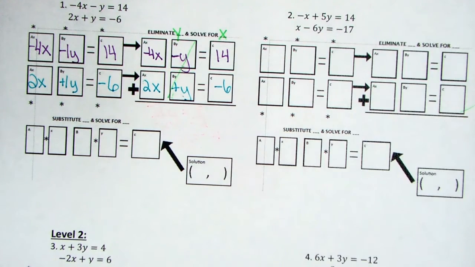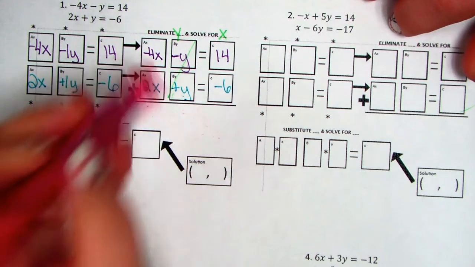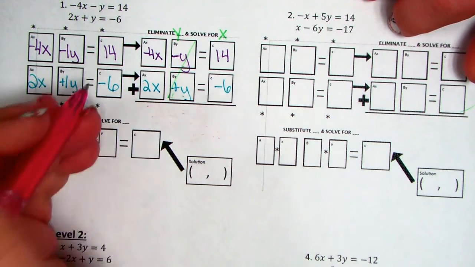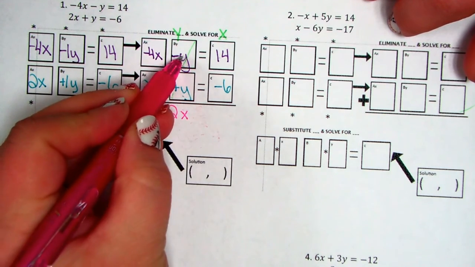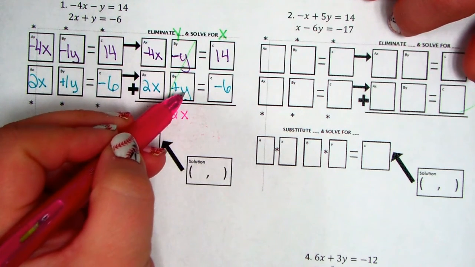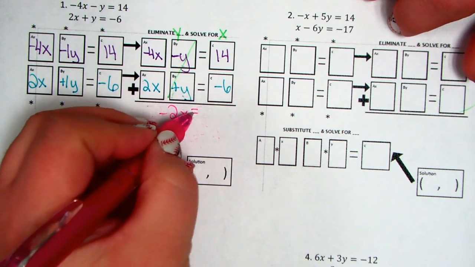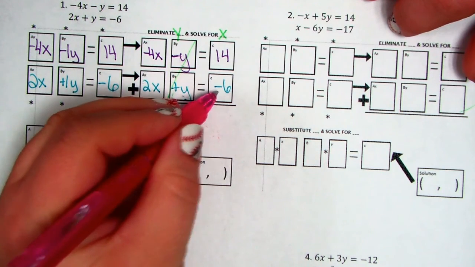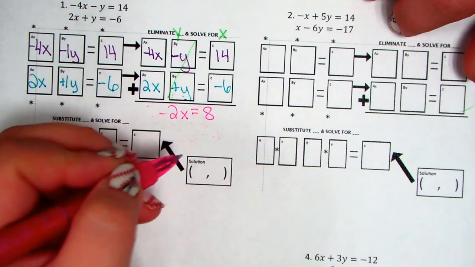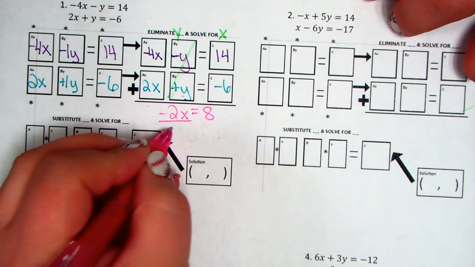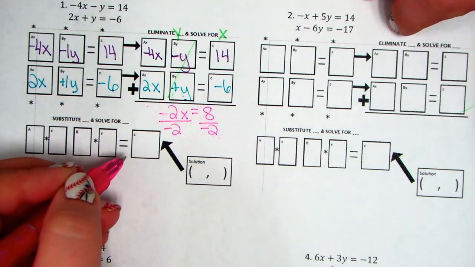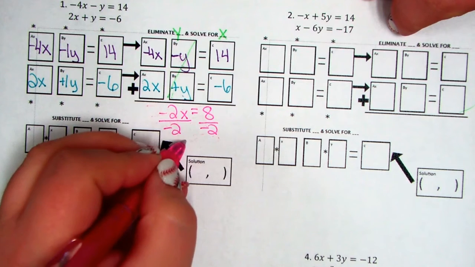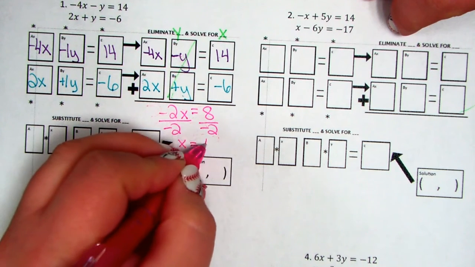Let's check. Negative 4x plus 2y gives me negative 2x. Negative 1y plus y cancels out. 14 plus negative 6 gives me positive 8. Now we'll divide by negative 2 all the way across, and we get x is equal to negative 4.